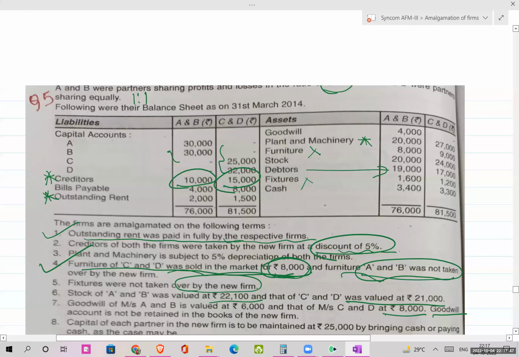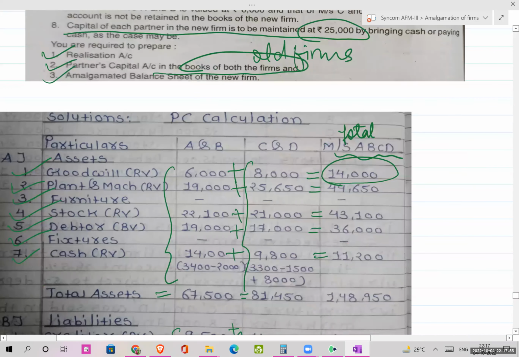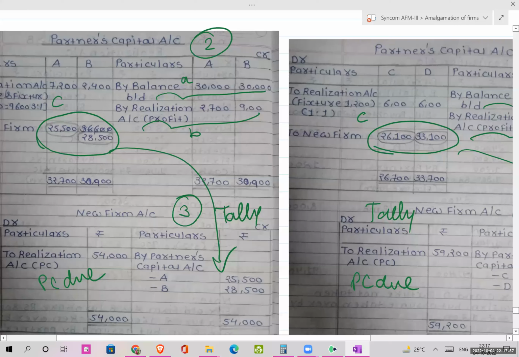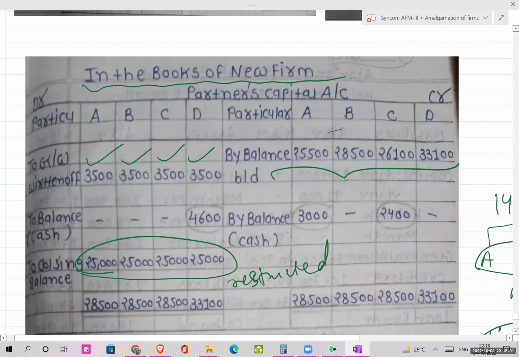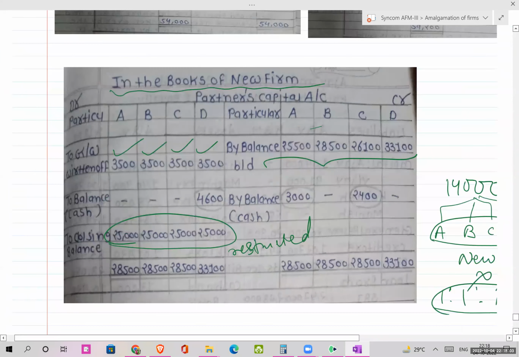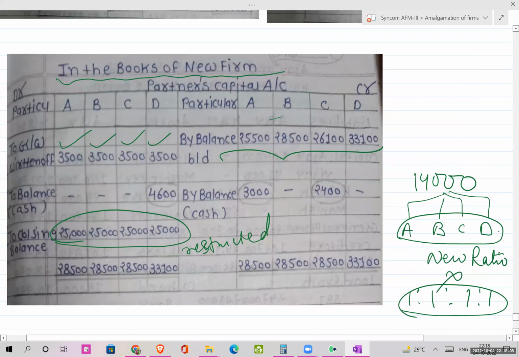The 8th point, which says capitals of each partner of new firm to be maintained at 25,000. Okay, so 25,000 each, that is the closing restructured capital. Okay, so this is given.